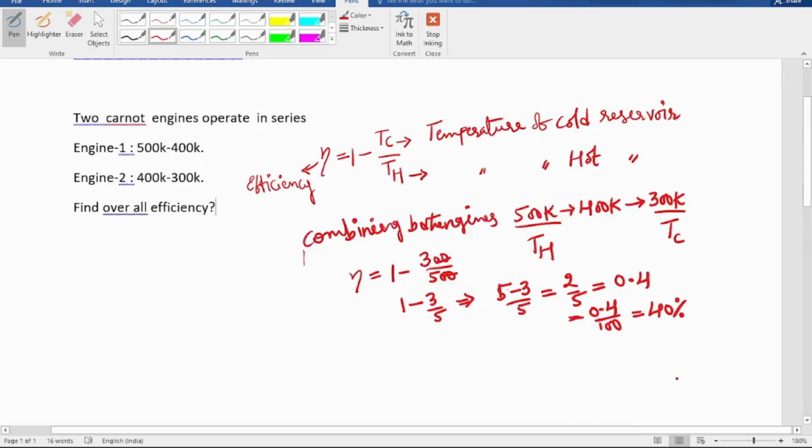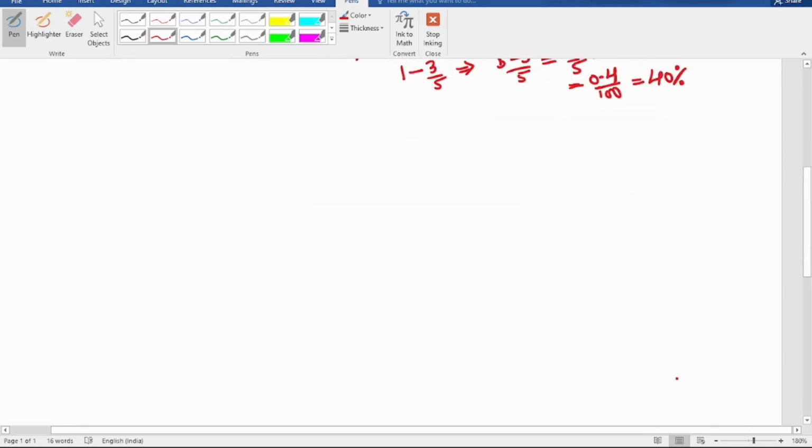Now we will discuss smart exam tricks, meaning how we can find out a few things from the question itself.